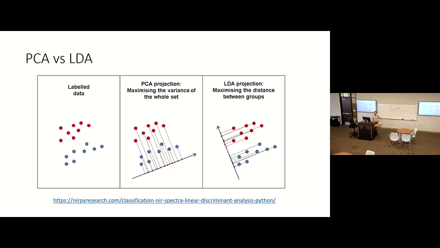For example, PCA tries to find the projection to separate this data, and then LDA tries to separate between groups, but make the within-group separation small and the between-group separation large.